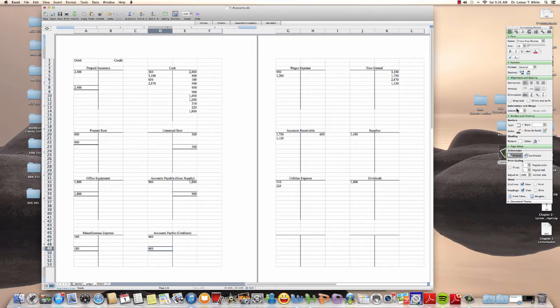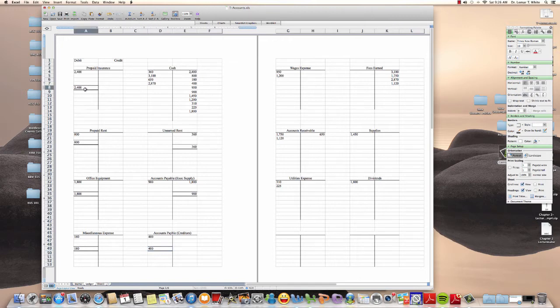We'll talk about that as we go on in further chapters, as we get into chapter 3, and even when we do some practice problems for chapter 2. But if there is a balance that came over from the previous year, we do have to include it in this account. Here's a good example.